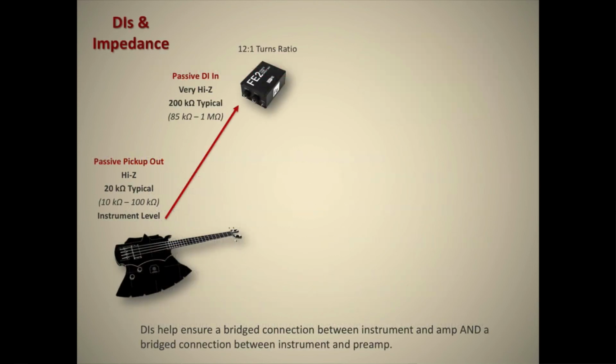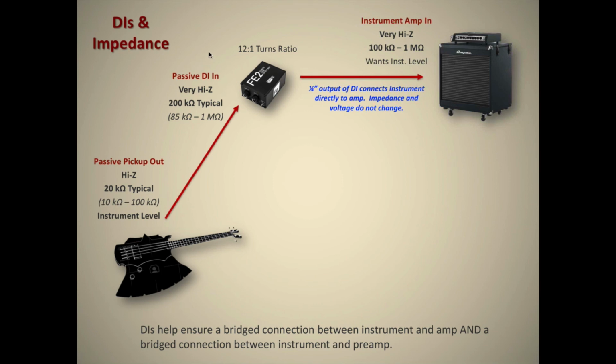Okay, there's the world's ugliest guitar. That's a bass, right? So the bass is rocking away, and its output impedance is, let's say, 20,000 ohms. Let's go right in the middle here. 20,000 ohm output. It's going to go into the DI, and it's going to jump right out of the 1/4-inch output into this Ampeg bass amp.